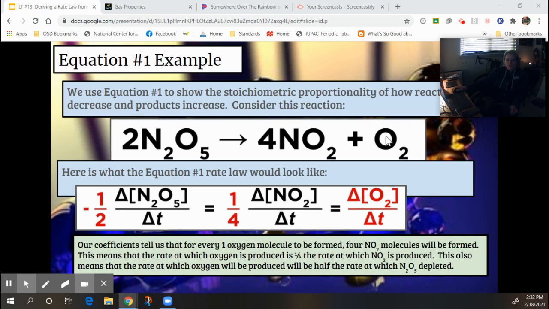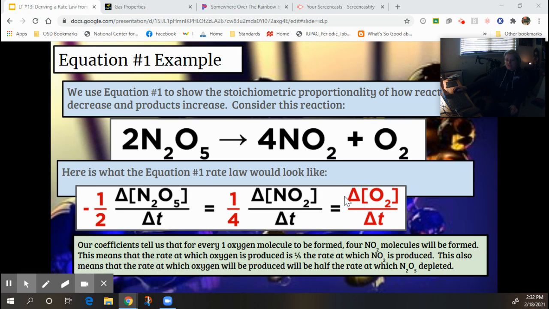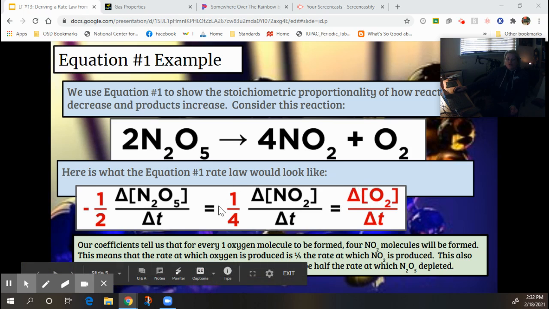Since I know that for every 1 mole of oxygen I will create 4 moles of nitrogen dioxide, the oxygen is going to be created at 1/4 the rate of the nitrogen dioxide, and also be created at half the rate at which the dinitrogen pentoxide is depleted.